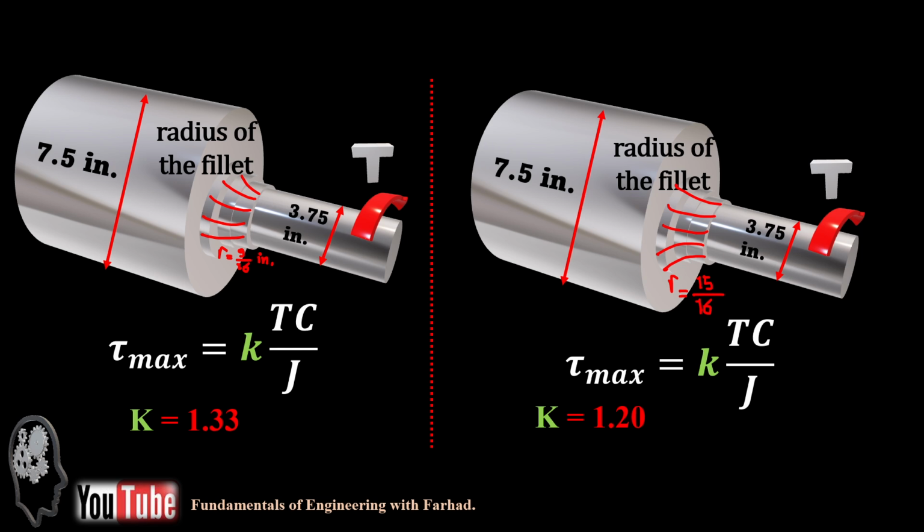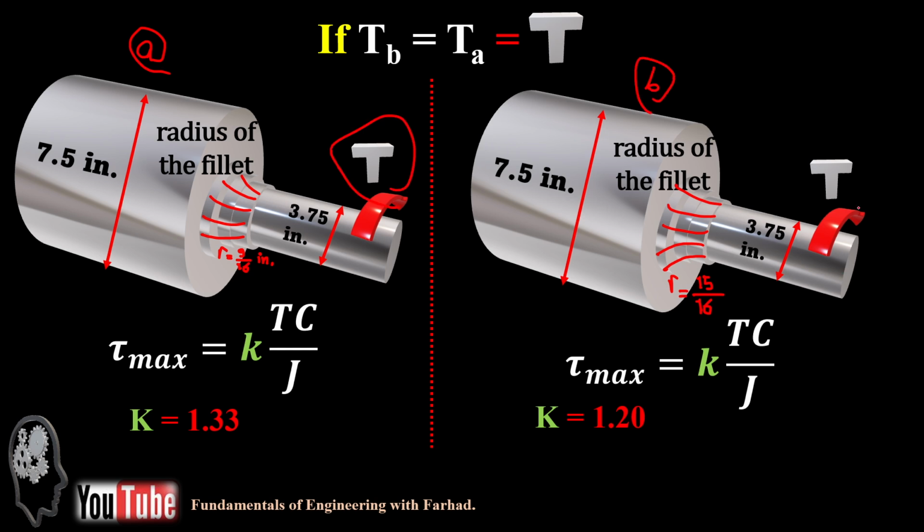So again, you can also consider the problem: what if we have the same torsion, if the torsional torque at A, which is here, is equal to the torsional torque at B, and both of them are equal to T. The only change is the radius of fillet from 9/16 to 15/16. In that case, as we discussed, K, the stress concentration factor, for the first part is 1.33, and for part B is 1.20.